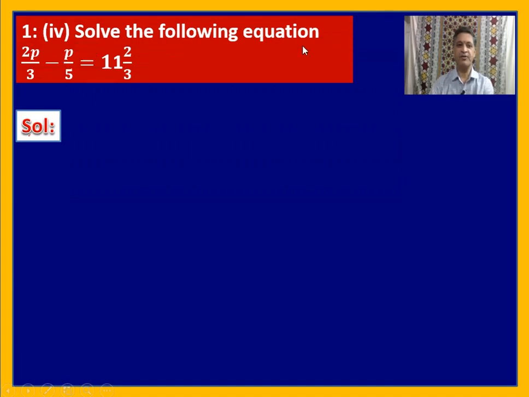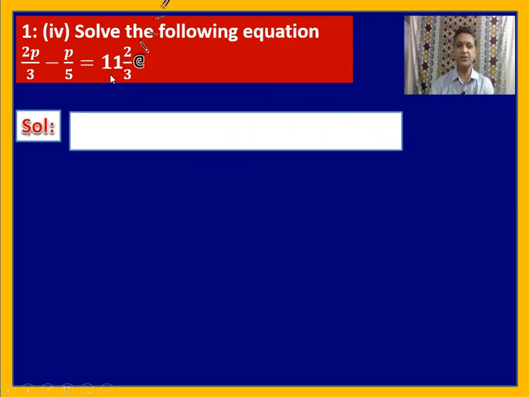Solve the following equation. 2p by 3 minus p by 5 is equal to 11 2 by 3. This is a mixed fraction. You have to convert this mixed fraction into an improper fraction. So the LHS is 2p by 3 minus p by 5, is equal to 11 into 3, 33, plus 2, 35 by 3.